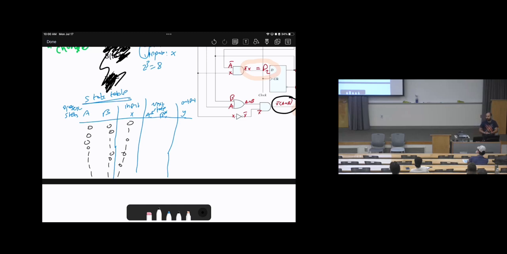The regular truth table. Just look at this side: present states and inputs, group them together. Then we have next states and outputs. There will be another scenario. Now, how can we find A star, B star?